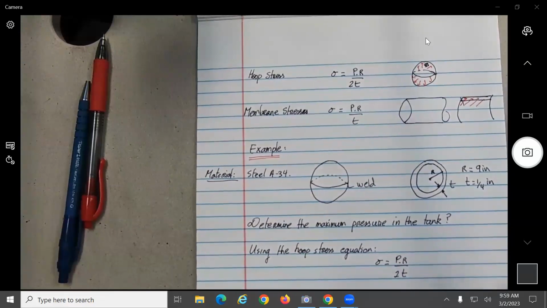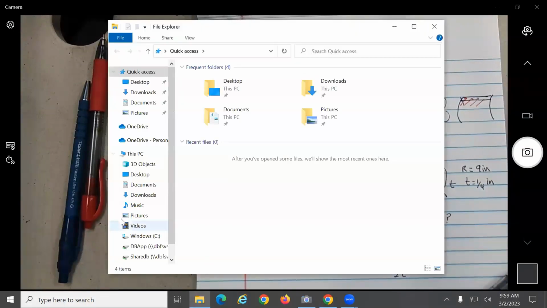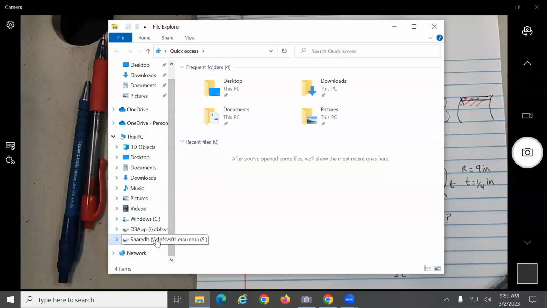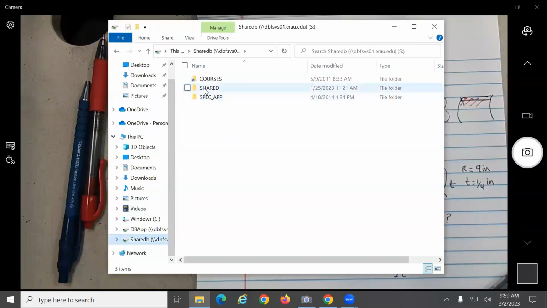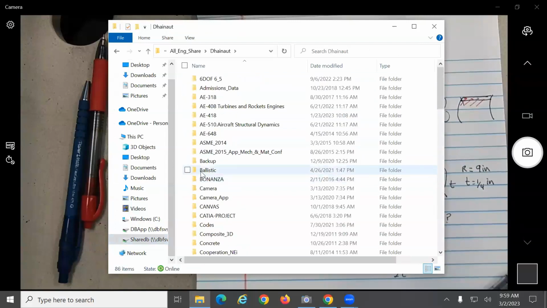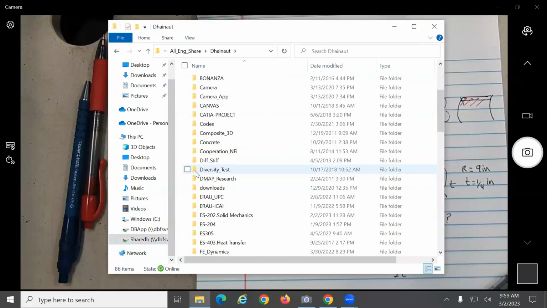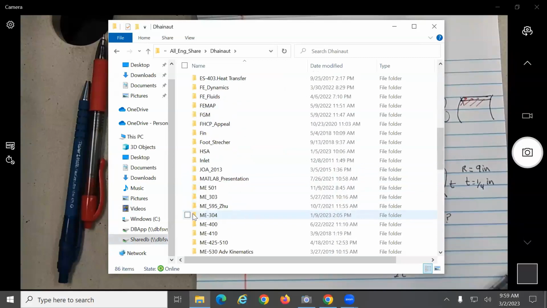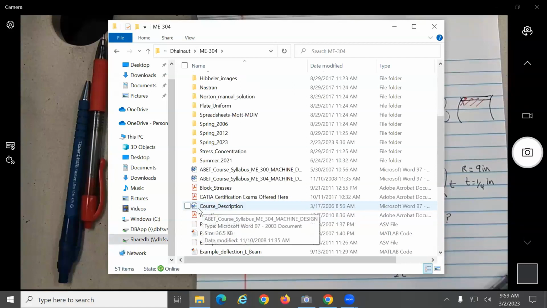Okay, so let's see, I don't have access here. Yeah, I have access. So I think at the beginning of the semester, I provided you tables with the properties of the material, no? So let's see, I'm going to go to this one here. So share. Or if you have them with you, do you have the table with you? Or by any chance? ME304.